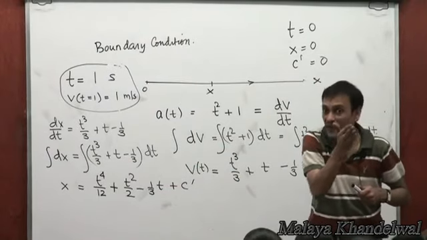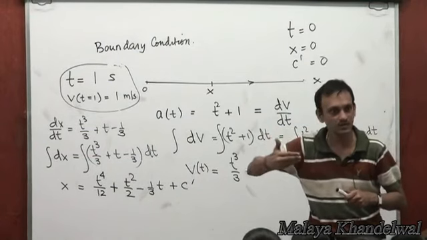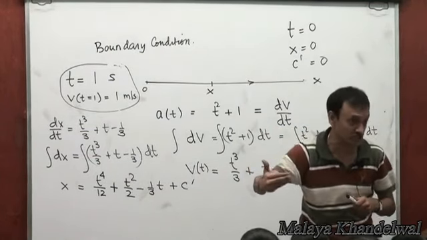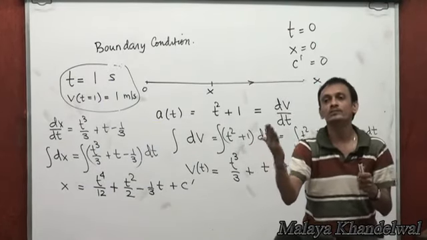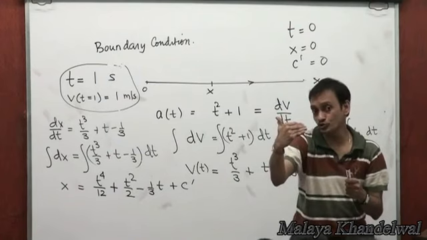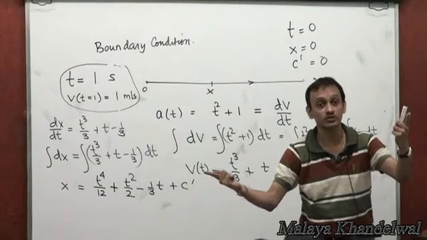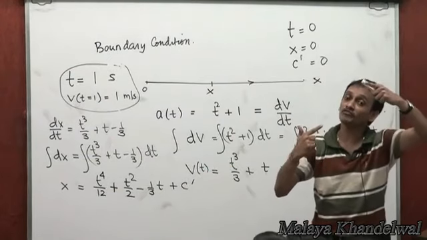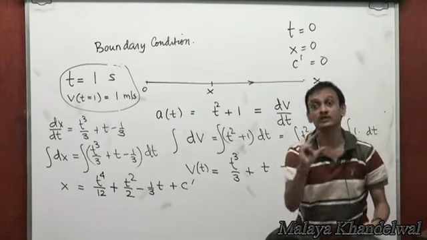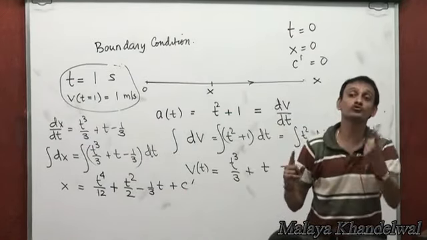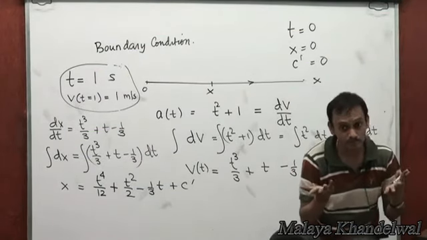If you go from x to v to a, you don't need any boundary condition, because you carry out a differentiation which does not involve emergence of a constant. But when you start from a and move on to velocity, it involves an integration, a constant of integration emerges, and then when you go from velocity to x, you integrate again, and yet another constant emerges. So you would call for yet another boundary condition, right?